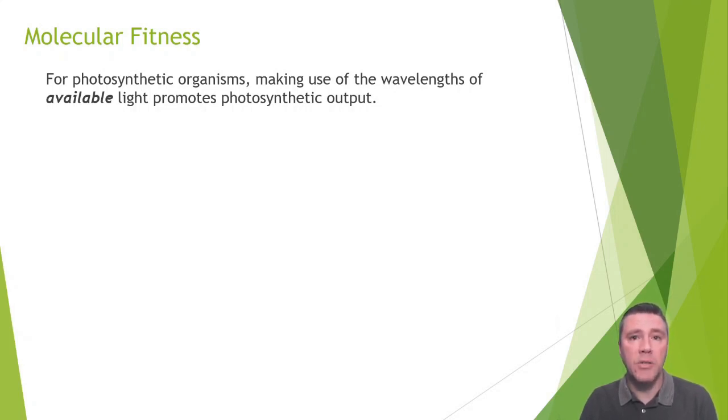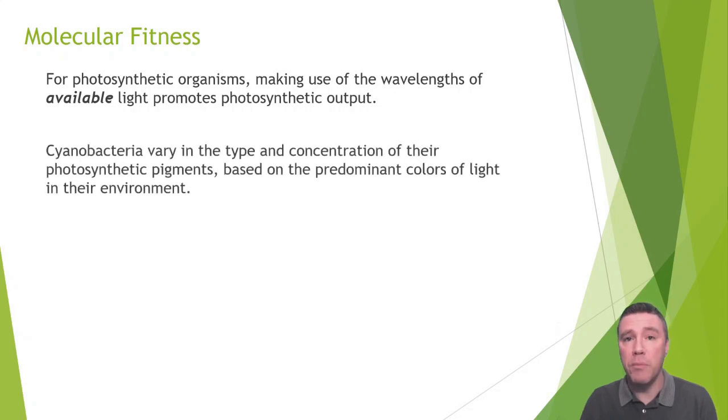Cyanobacteria, whose ancestors originated at least 2.1 billion years ago and may have existed 600 million years before that, are best known as the aquatic blue-green photosynthetic organisms. However, depending on what colors of light are available to them, cyanobacteria can alter the concentration of pigments they produce and use.